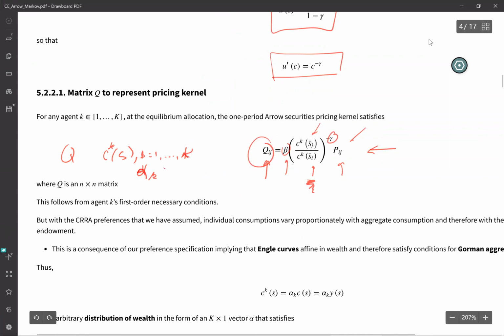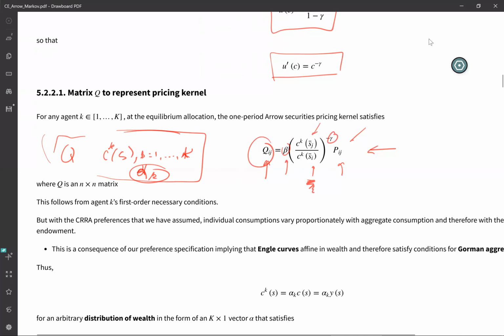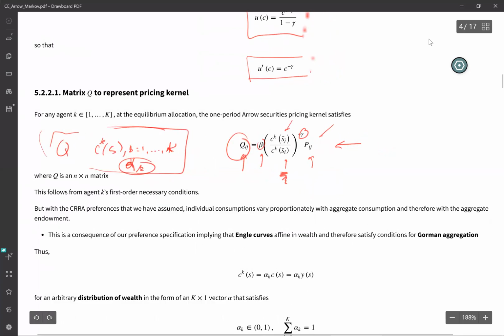We would have to compute all of these things simultaneously, and that would involve solving a system of simultaneous equations, and it would be convenient if we didn't have to solve them simultaneously, if we could solve them recursively.